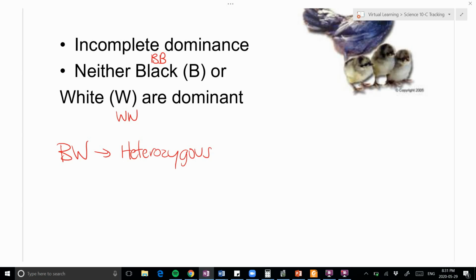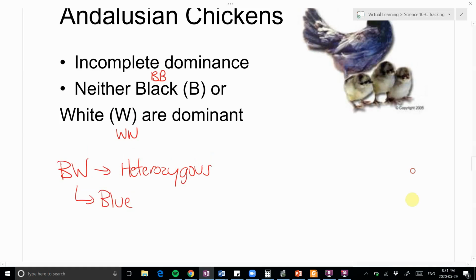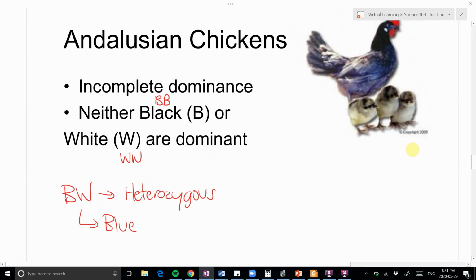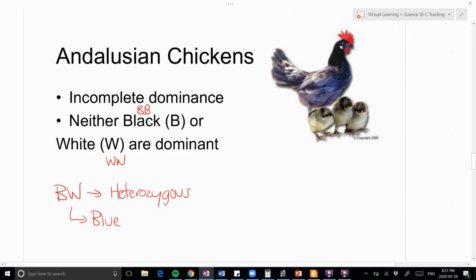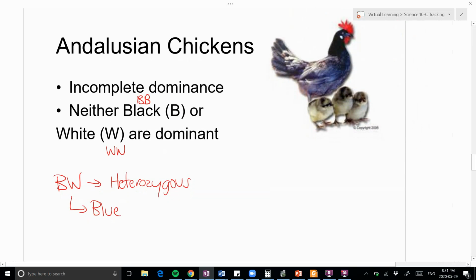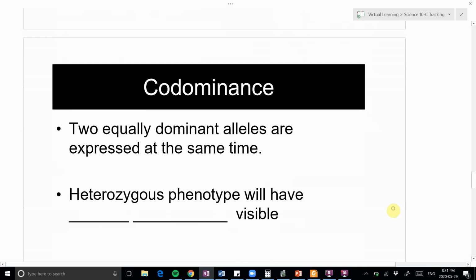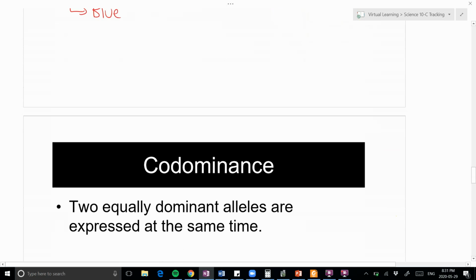That's pretty common. But in Andalusian chickens, their heterozygous state is actually blue, which is kind of funny. So when those two genes meet, their middle ground is a bluish tinge chicken. They're actually very wanted in the farming industry because they're very rare. So those are incomplete dominance, right? They meet in the middle.